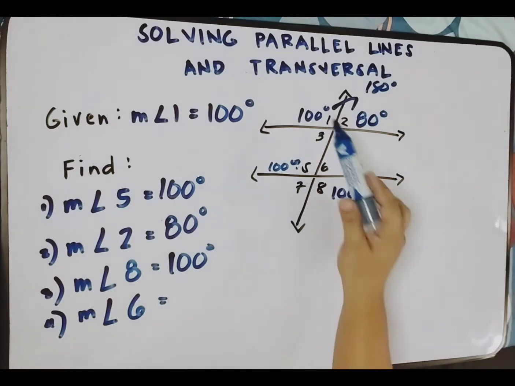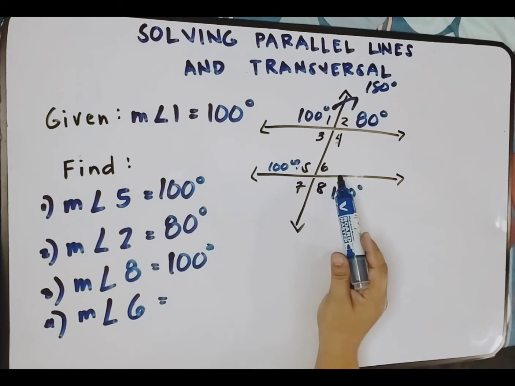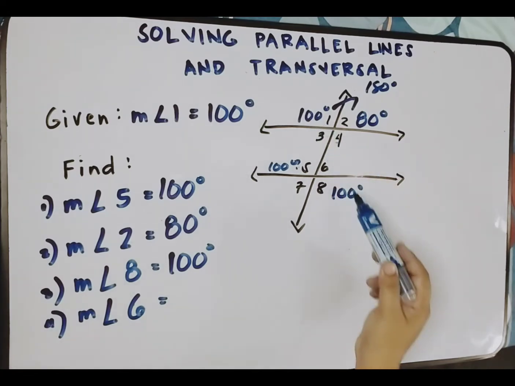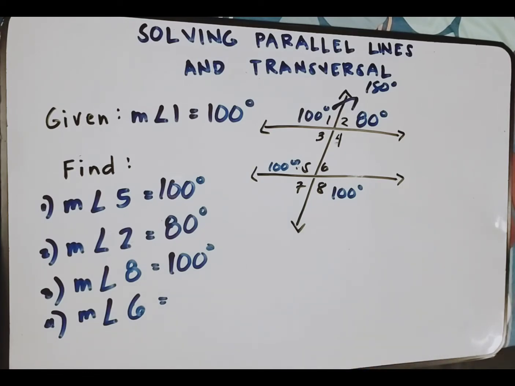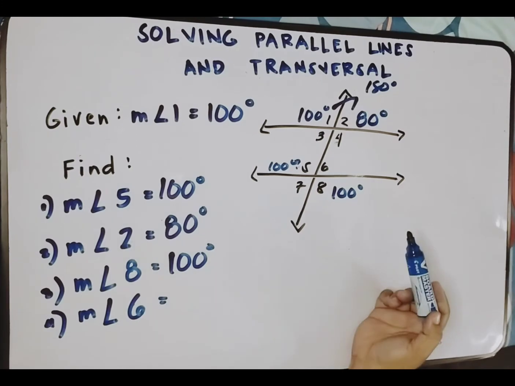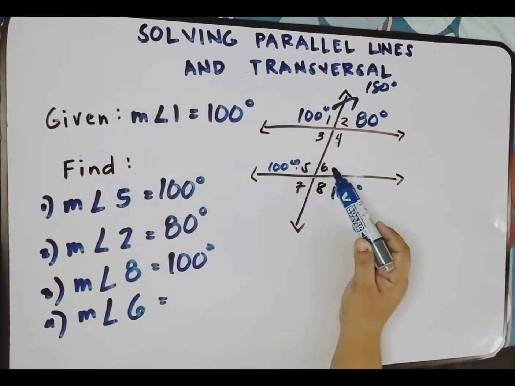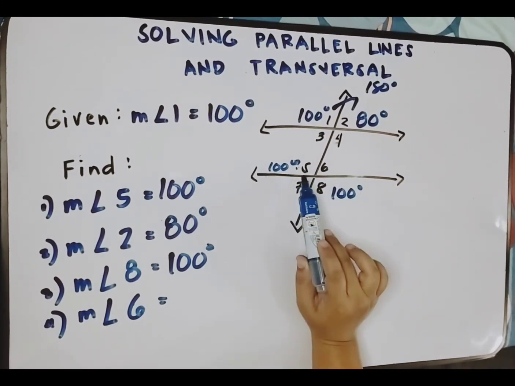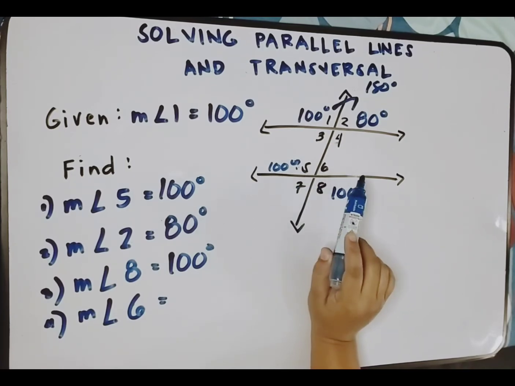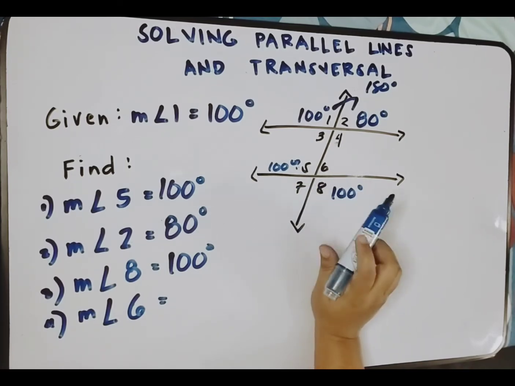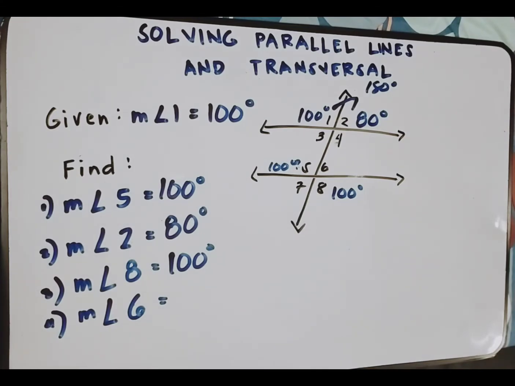Then, the next one is angle 6. Now, angle 1 and angle 6, wala silang angle relationship. Tama? So, therefore, meron pa namang ibang given. Kaya, pwede natin ngayon doon kunin. So, this is now we have angle 5, which is 100 degrees, and 5 and 6 are linear pair. So, therefore, supplementary equal to 180.